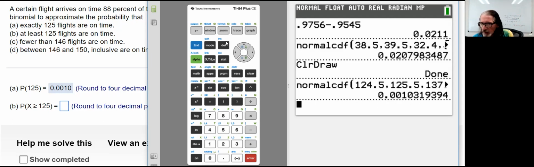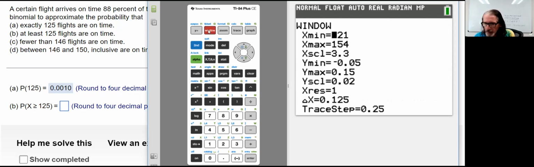Okay, so greater than 125. Now, again, I don't want to go with the number that I'm going to get from the picture. Let's see if it'll draw it this time. I'm going to start at 124.5 and shade to the right of that. The window is only going to show to 154, so I may not get exactly the number I would get from normal CDF.